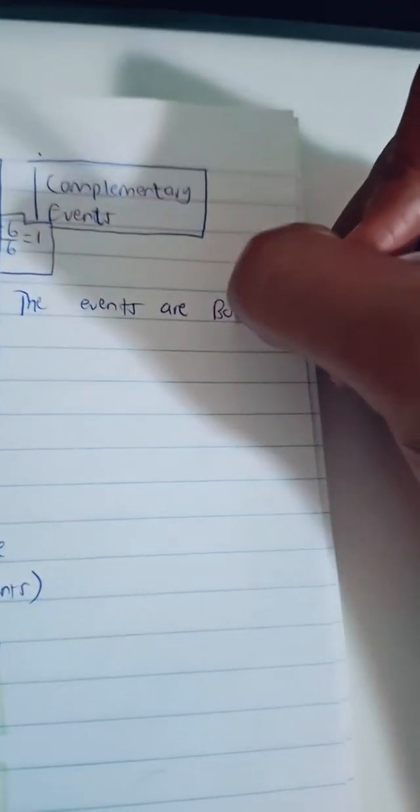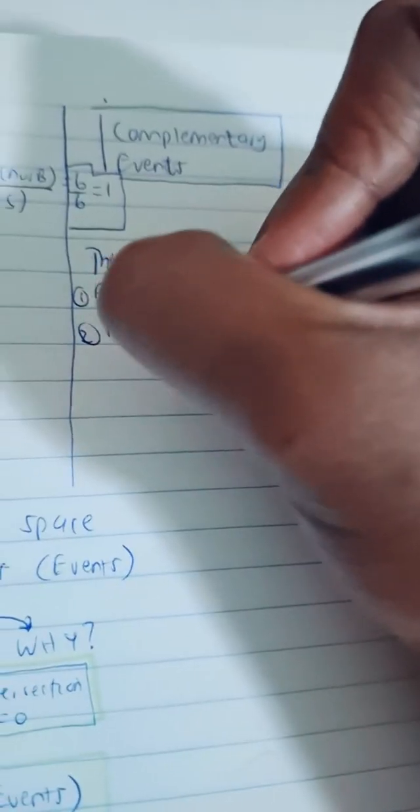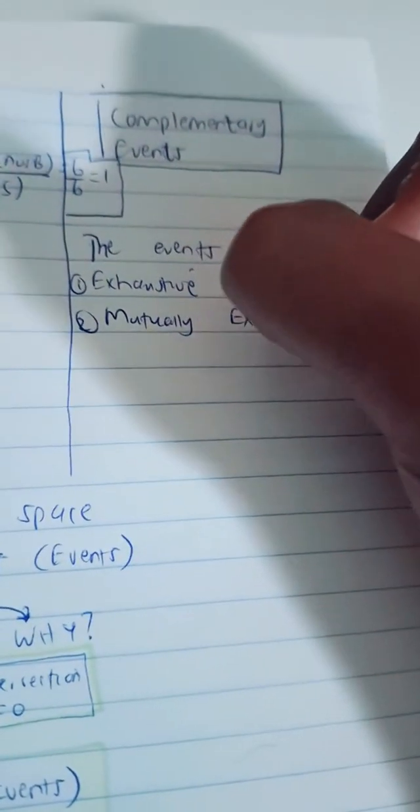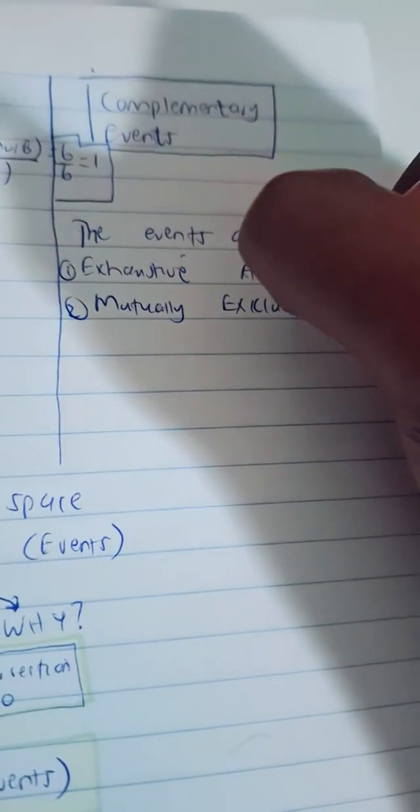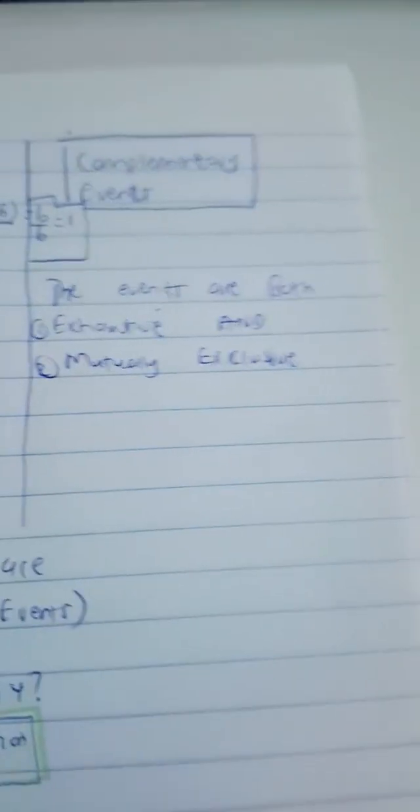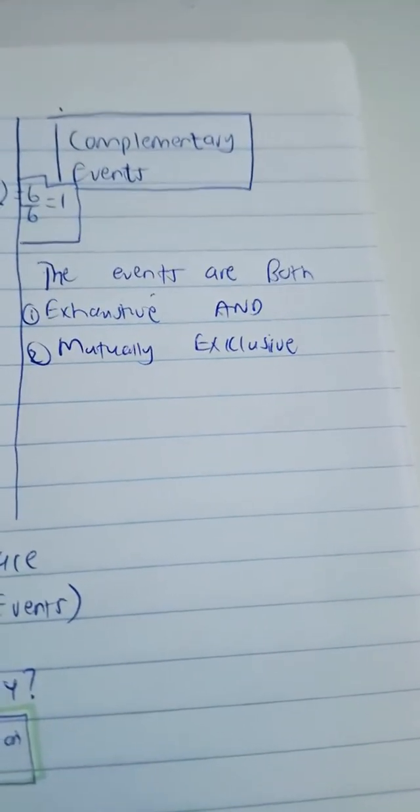If the events are both, one, exhaustive, and two, mutually exclusive, then they are complementary.